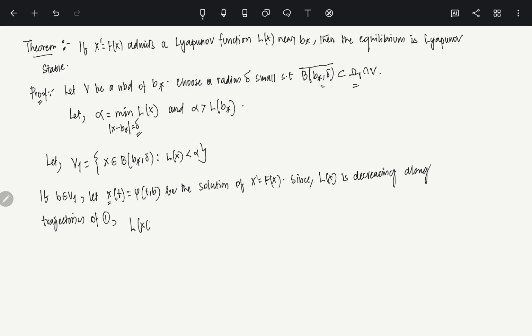L of x of t is dominated by L of x of 0, which is dominated by alpha. What is L of x of 0? L is decreasing along the trajectories of 1, non-increasing essentially, not decreasing, it should be non-increasing.